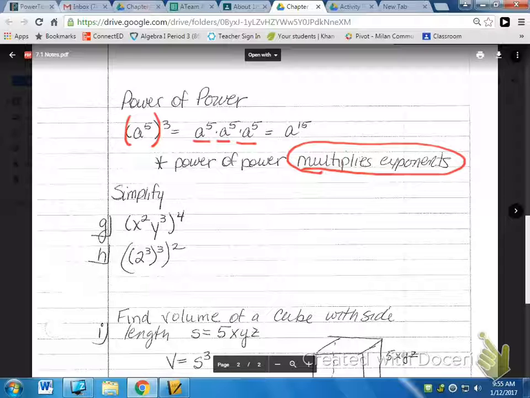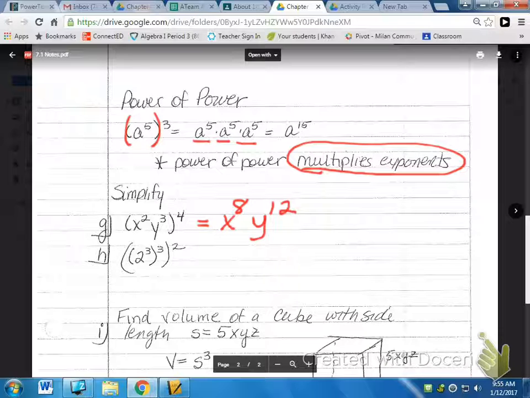Example G, it says x squared y cubed, and it's all taken to the 4th power. So if I start with my x, it's already squared, but it's taken to the 4th power. So x is really going to be to what power? 8. Y starts out to the 3rd, but it's really being taken to the 4th power. So what is it, Olivia? 12. So you'd say x to the 8th, y to the 12th.